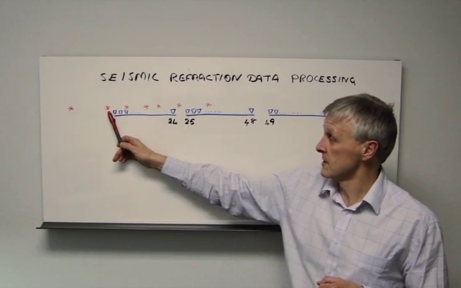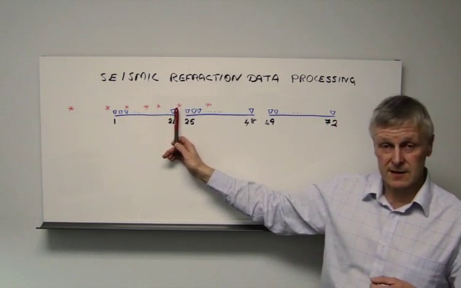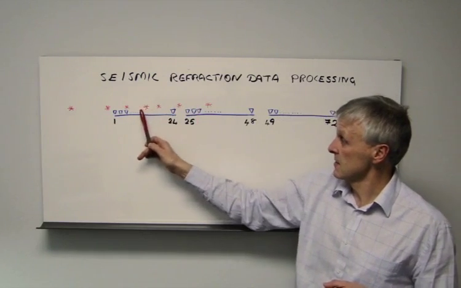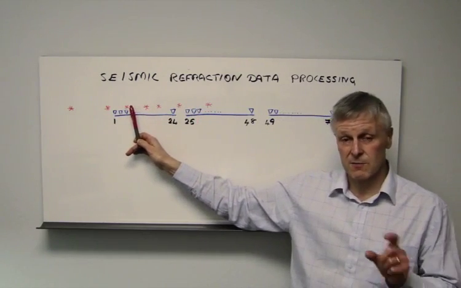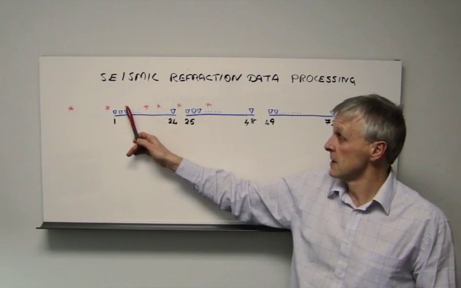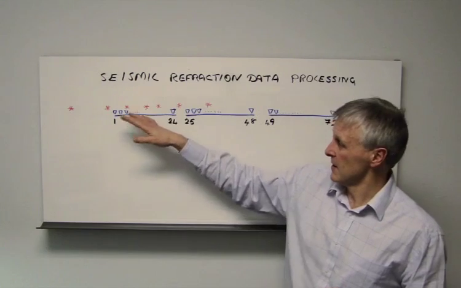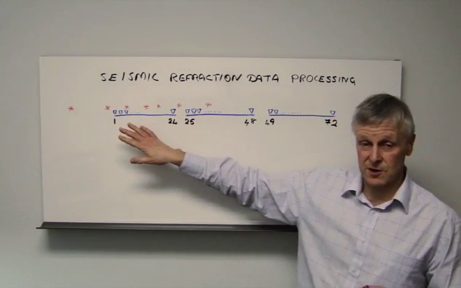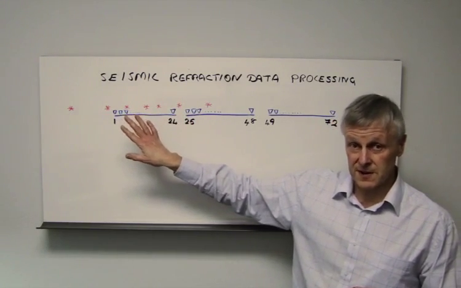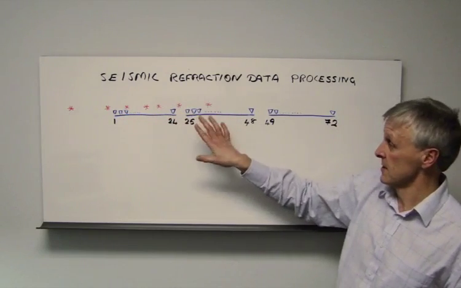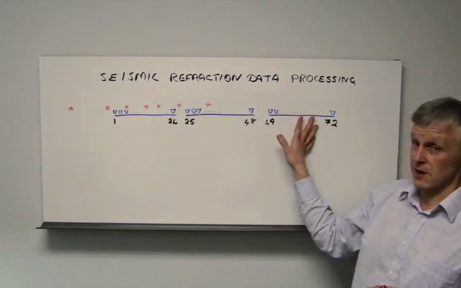So we have a shot point here and here immediately at the end of each of the spreads, an offset one in each case, one in the centre, and then one approximately at channels number 6 and number 18. Again, for simplicity, I've only shown the shot points for the first spread. Please assume that we've also got similar shot points for spread numbers 2 and 3.